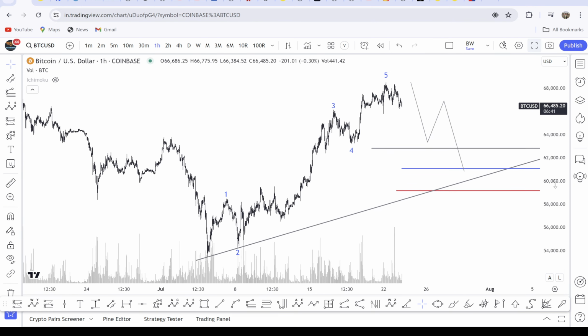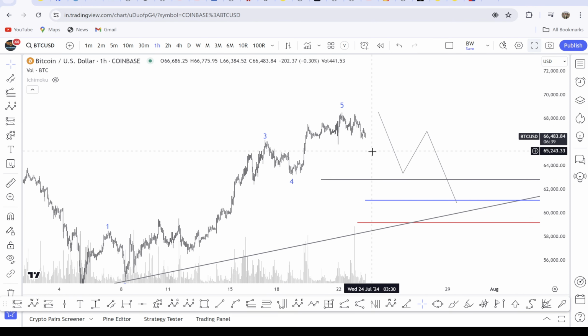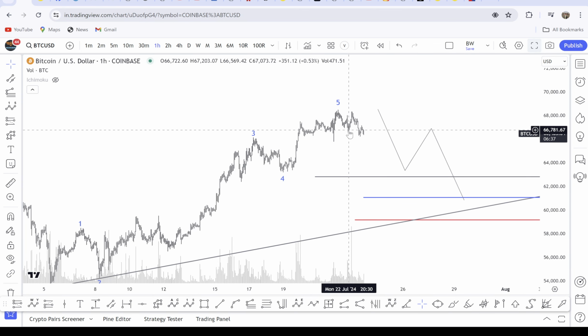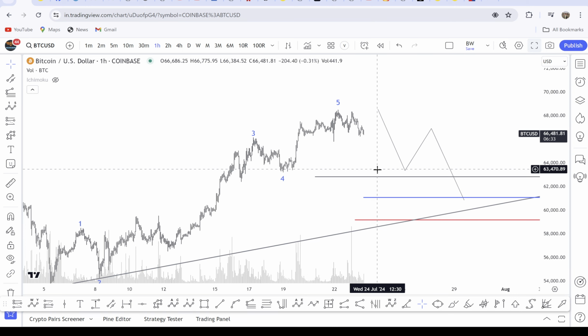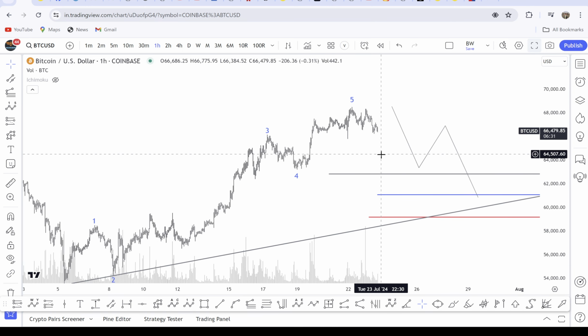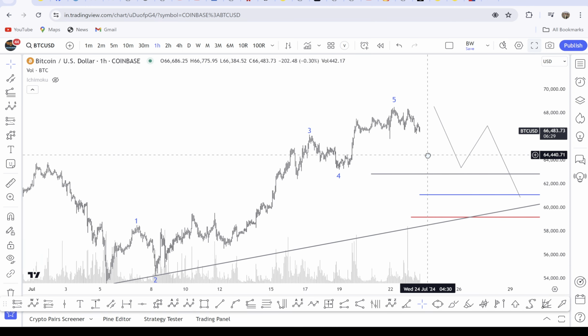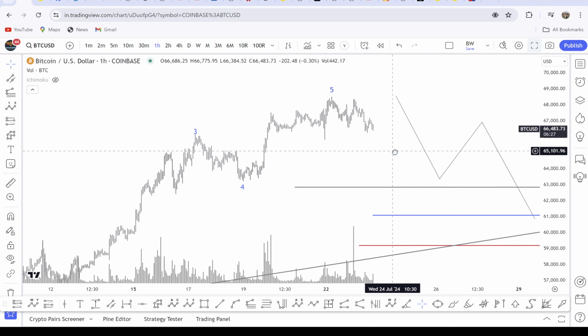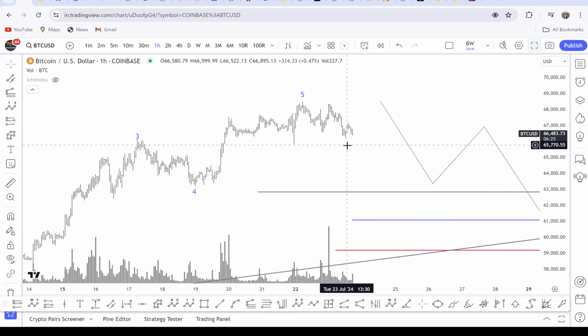But we have a methodology for counting the waves. So we can see here small a, b, and c is turning. And so inside the C wave, there are 5 waves. So this is the wave 1, 2, and this is the third wave personality.